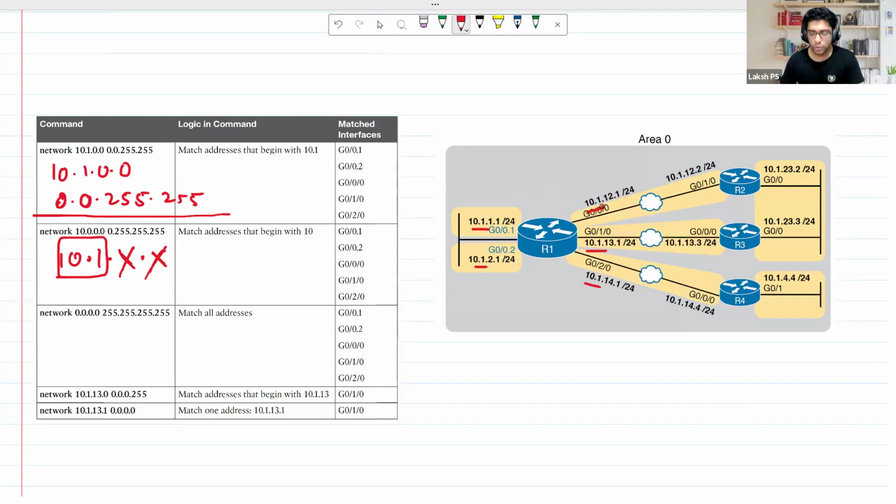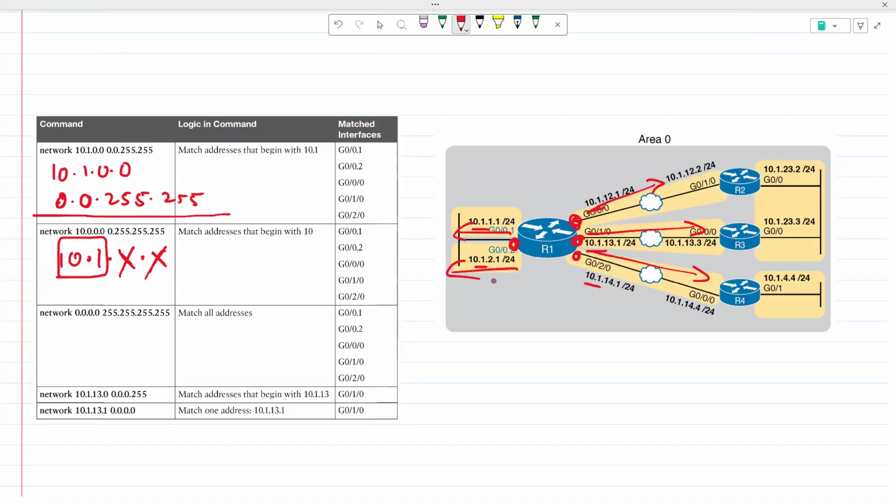So OSPF will be enabled on all these interfaces, and OSPF starts to send hello messages out of all the interfaces.